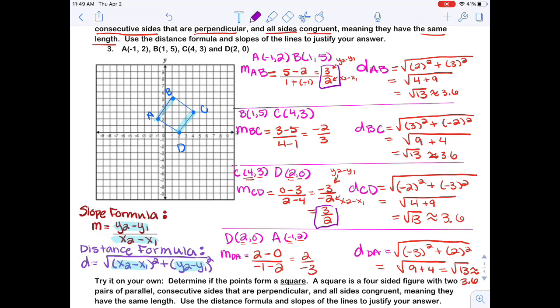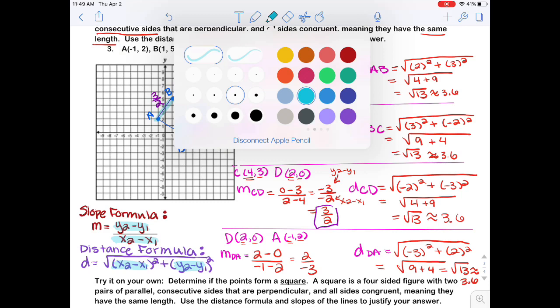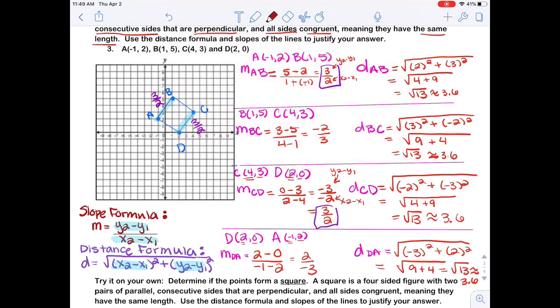So the slopes, this was 3/2, this was 3/2. So yep, those are parallel. And then we can look at the other sides, and we would say BC and AD. What were those slopes? -2/3 and -2/3. Good, so those are also parallel. So we have the first requirement, that the opposite sides are parallel.